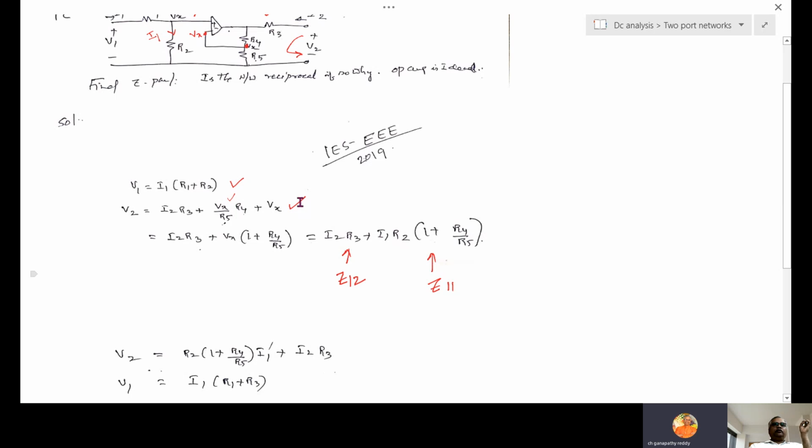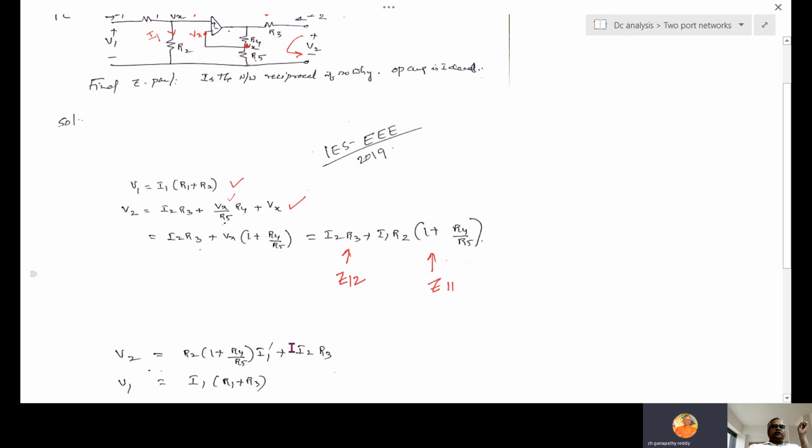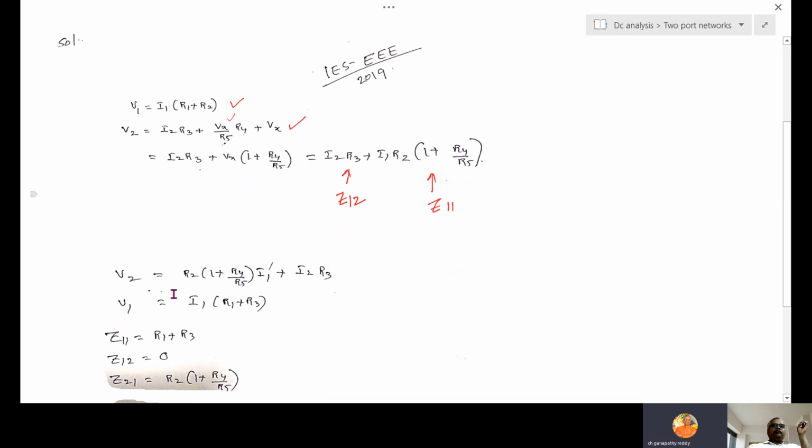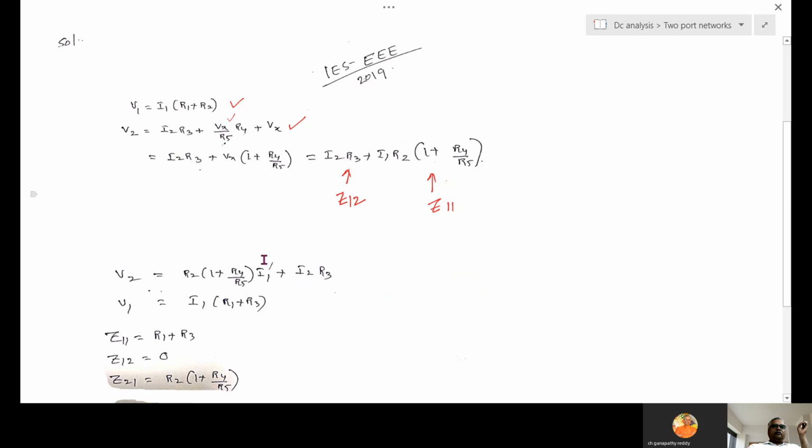Next, V2 is equal to R2 into 1 plus R4 by R5 into I1, I2 R3.